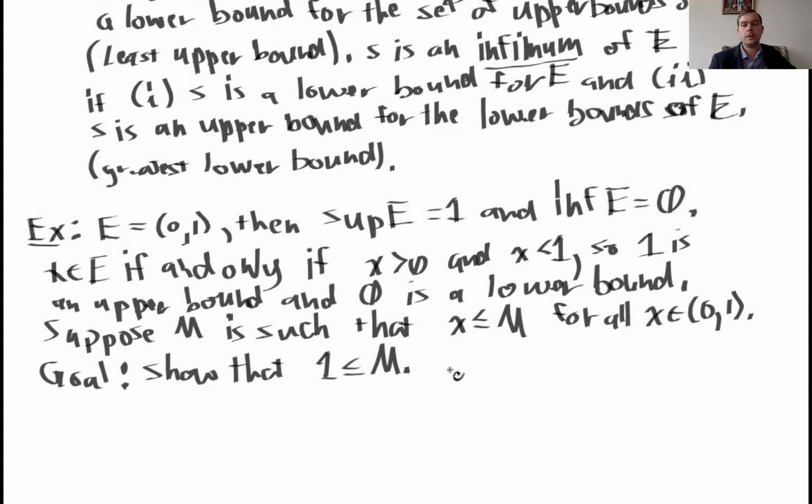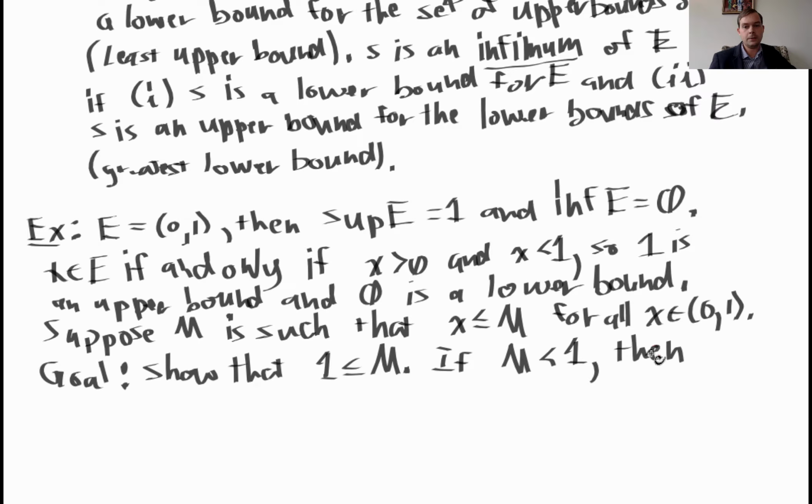Well, we can proceed by contradiction. If m is less than 1, then we can cook up a number between m and 1 that will be in the interval and therefore will contradict the fact that it's an upper bound.